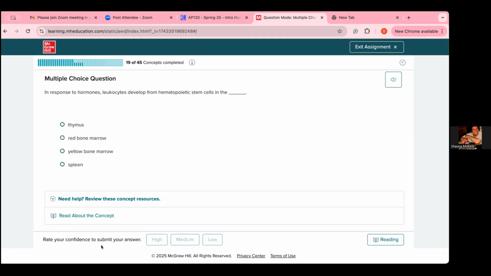That's hematopoiesis. That's what we had talked about before with the erythropoietic development. So the answer here is red bone marrow.